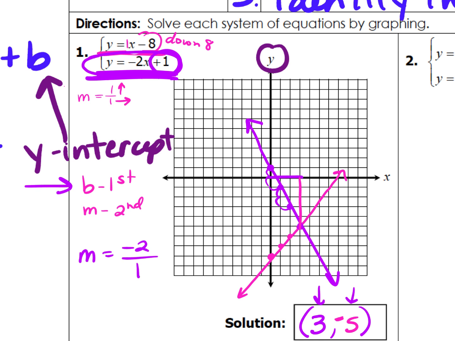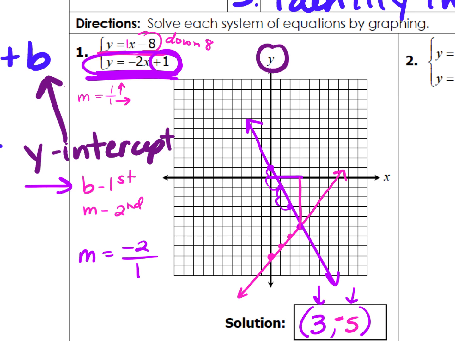Do you know how you can check your answer? Yeah, so you have two equations, right? If you plug 3 in for x, you should get what for y? What's your solution? 3, negative 5.